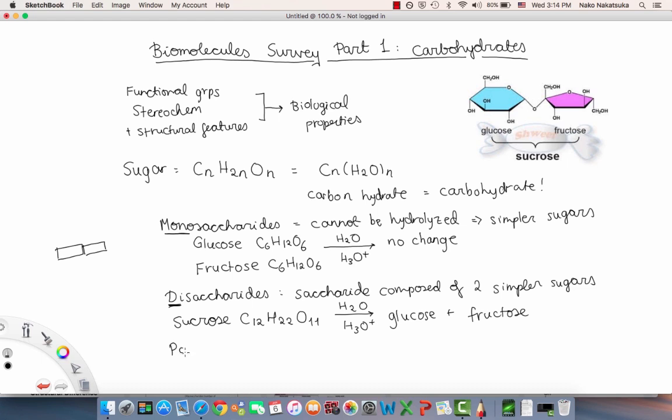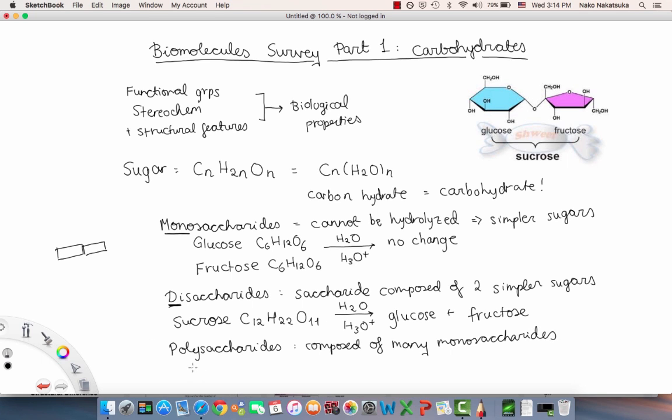Finally, we have polysaccharides, which are basically composed of many monosaccharides. These words are so long, so sorry that's taking a bit.